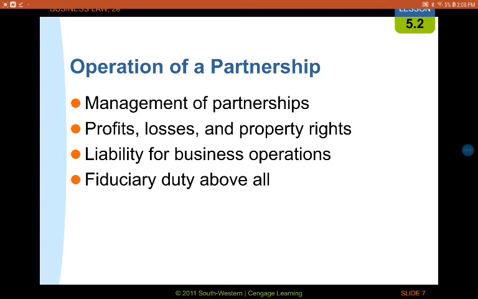A trustee has a fiduciary duty to its trust beneficiaries, and an attorney has a fiduciary duty to a client. But you don't want to say that real fast three times over. Definitely a tongue twister. But nonetheless, operations of the partnership have to focus on these 4 items: management of business, profit, losses, and property rights, liability for business operations, and fiduciary duty above all.